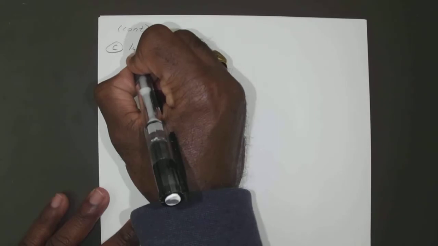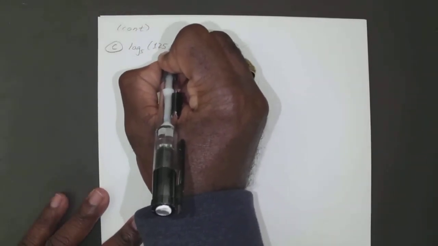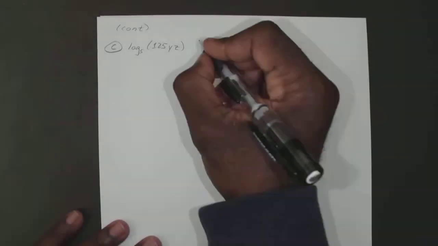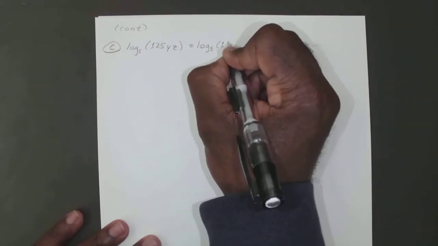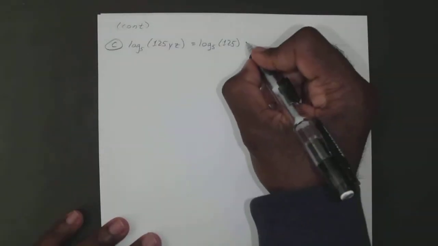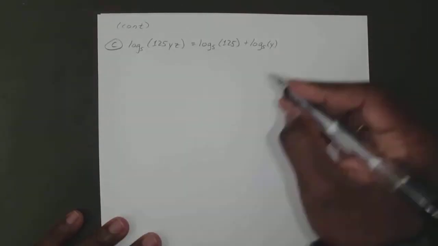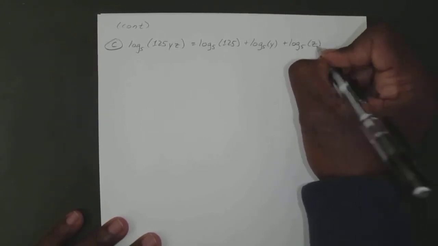Okay, so C, which was log base 5 of 125 times y times z. The thing is, no matter how many factors you have, you just add extra plus signs. So that's just going to equal log base 5 of 125 plus log base 5 of y plus log base 5 of z.